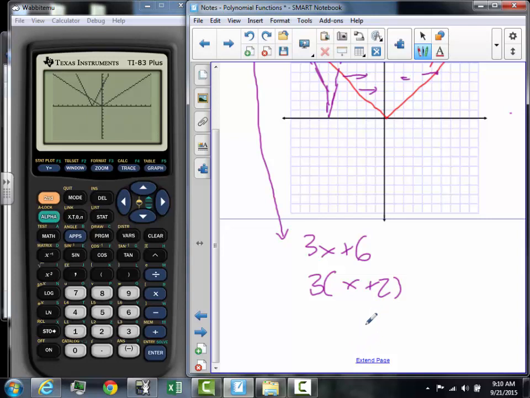The reason why this thing only moved over 2 is because, look, when you write it in a factored form with brackets, x is only being added 2. So that's why it only slid 2 that way. Does that make sense? So star, highlight this somewhere. When you're talking about all of this stuff, it has to be factored if possible.